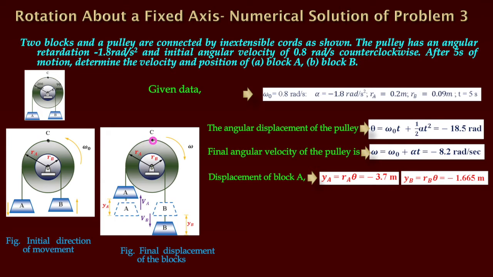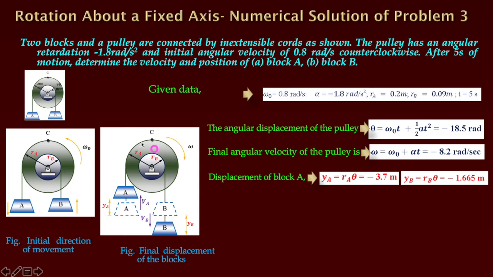So for this point C, the displacement equals R into theta, where R is the radius from C to the center, that is RA, into theta, the total angular displacement. You know the arc, say C is moving from here to here, then this arc length equals R theta.